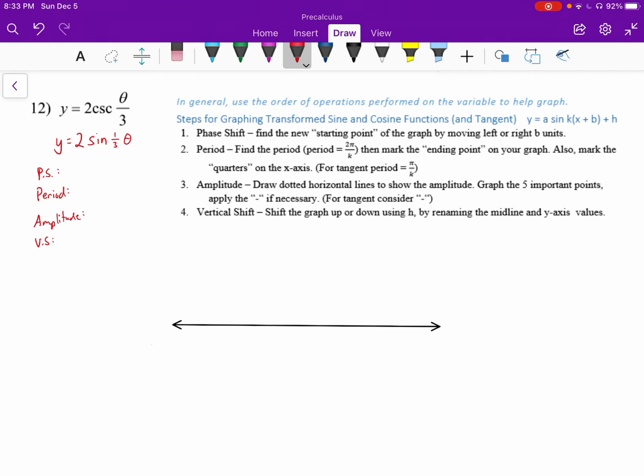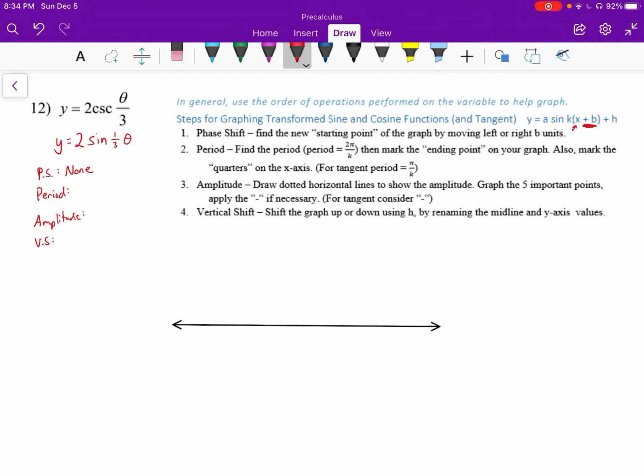We don't really have an amplitude for the cosecant graph, although it's definitely used, and we'll see that shortly. So graphing the sine function, first we look at phase shift. Well, phase shift, it's what's added or subtracted from our independent variable, which here it says x, but again, we're using theta. So there is none. There's nothing added there to theta.